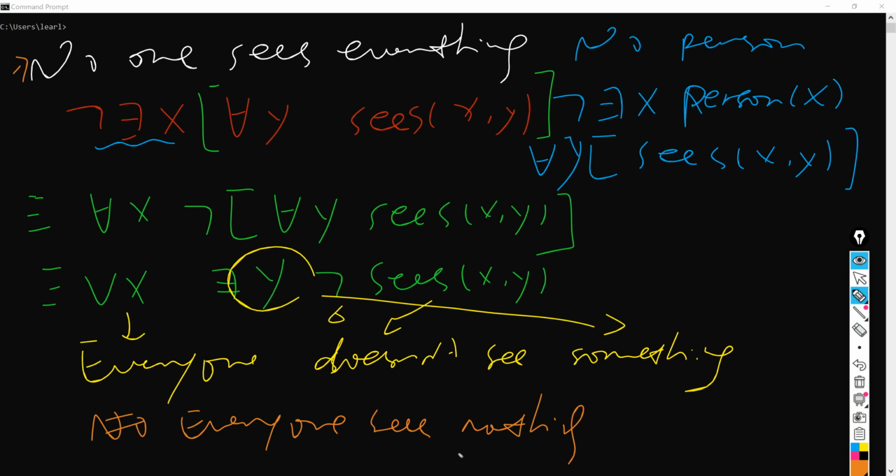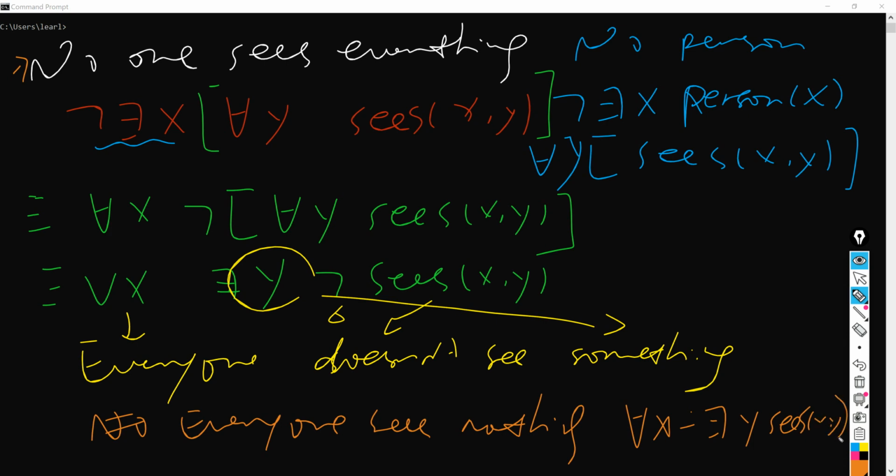And how do we express everyone sees nothing? That is, everyone sees. So you have to follow all the verbs here. If it's see, then it's just see here. If it doesn't see, then you have a negation sign before that. So sees nothing. So this is nothing, and just sees x and y.